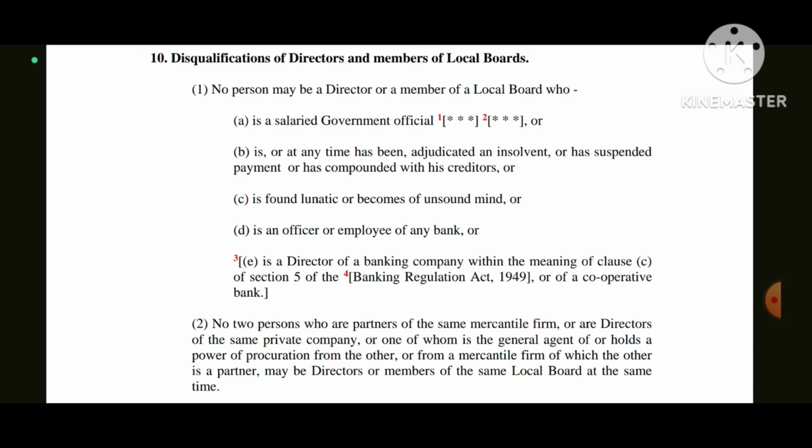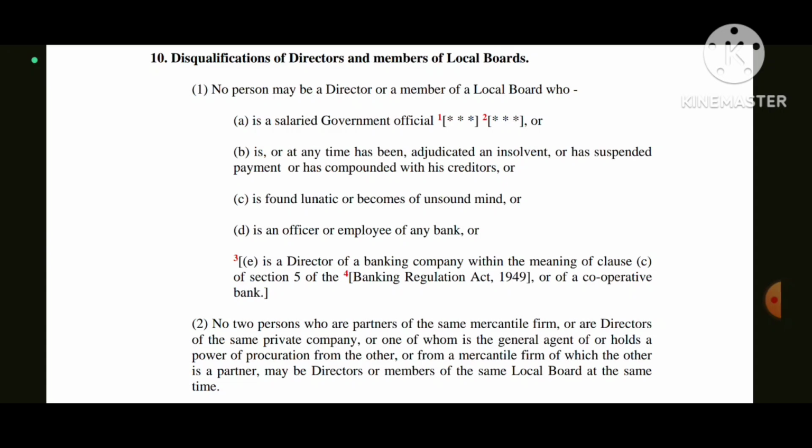So if someone has been adjudicated insolvent, that is declared bankrupt, or has suspended payment, that is has taken a loan and is unable to pay, and has compounded with his creditors, that is has negotiated with the creditors to reach an agreement for repayment of dues, such people cannot be appointed as a member of the local board.